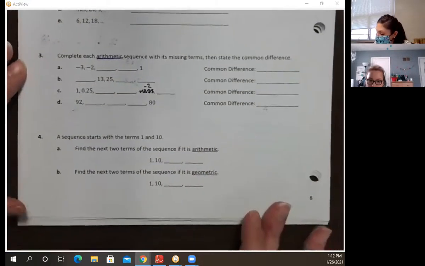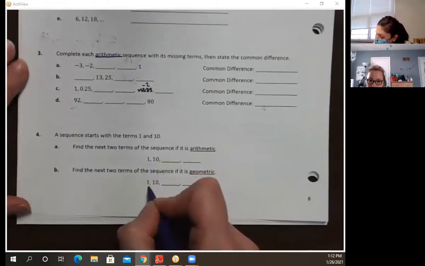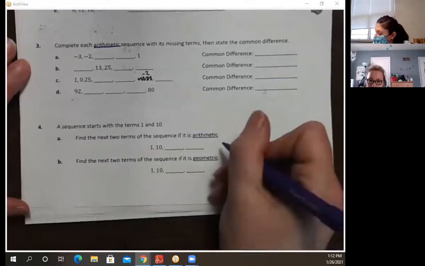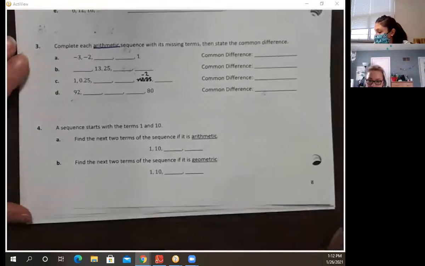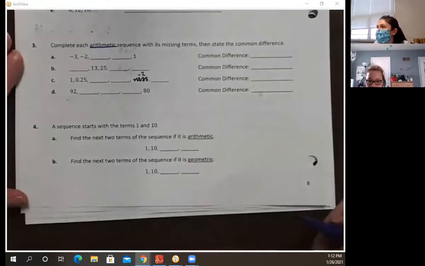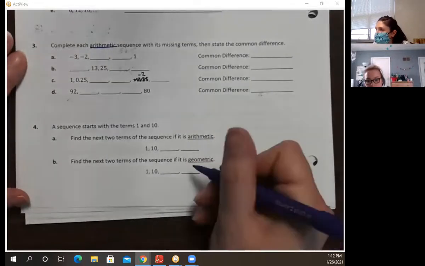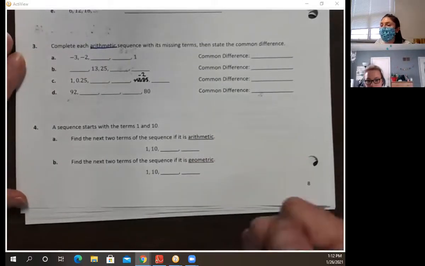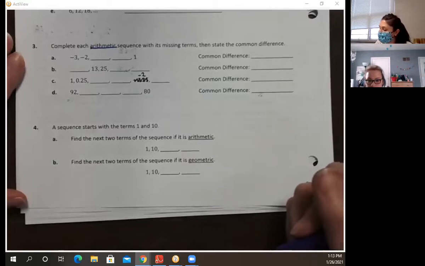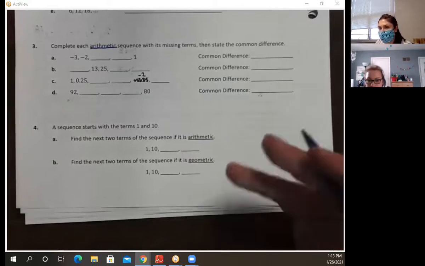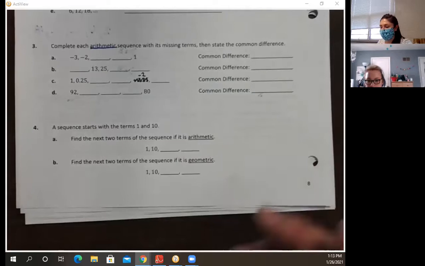And then for number 4, you've got the same start to sequences, but one is arithmetic and the other is geometric. So fill in the next few terms if it's arithmetic or if it's geometric. Remember, arithmetic, we're adding or subtracting the same thing each time. Geometric, we're multiplying or dividing by the same thing each time.